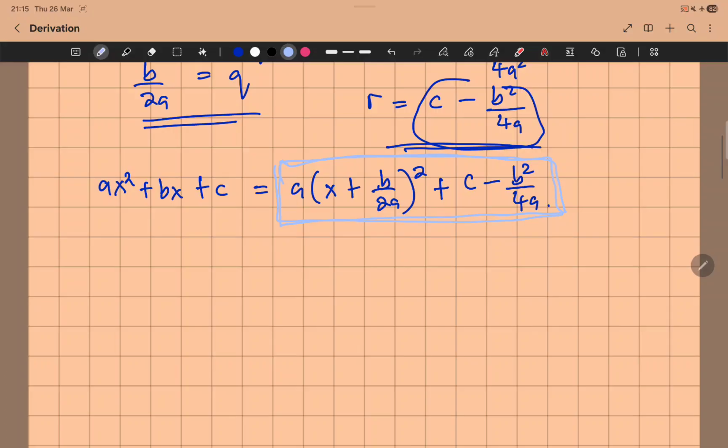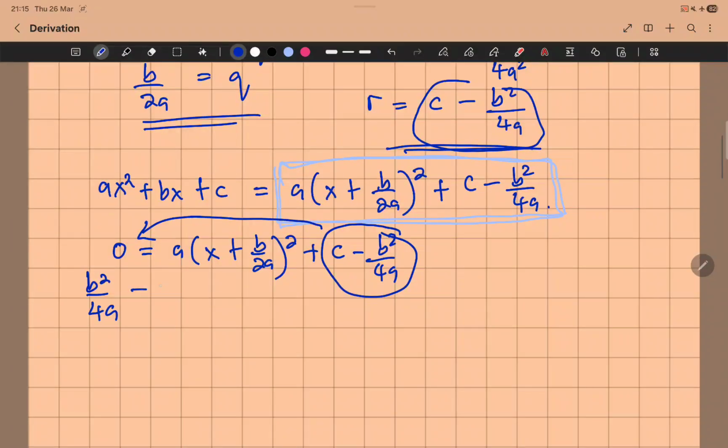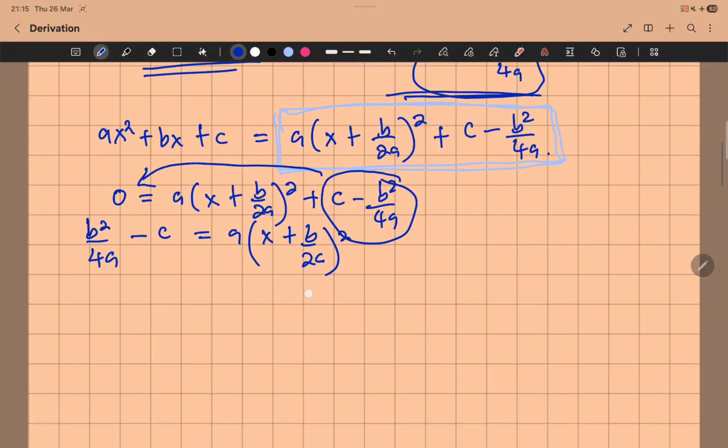So if f of x is equal to 0, that means 0 is equal to a times (x plus b over 2a) squared plus c minus b squared over 4a. Moving terms to the other side, you know the drill, it becomes b squared over 4a minus c is equal to a times (x plus b over 2a) squared.